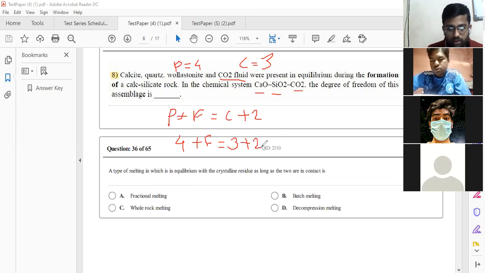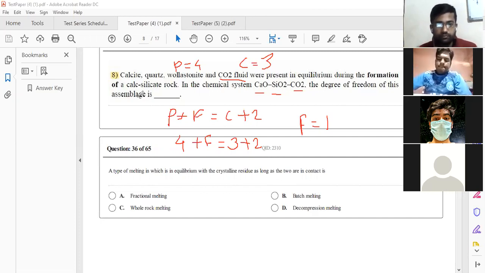Okay, so 5 minus 4, you will get F is equal to 1. Clear?